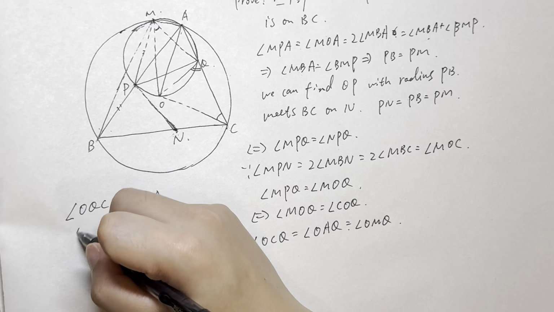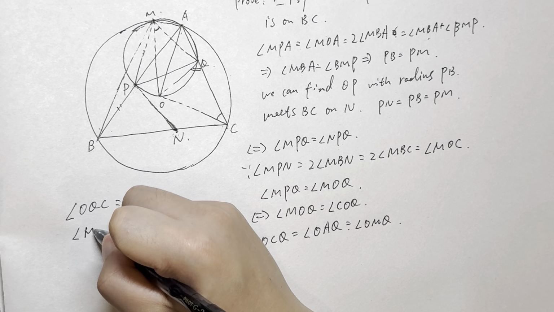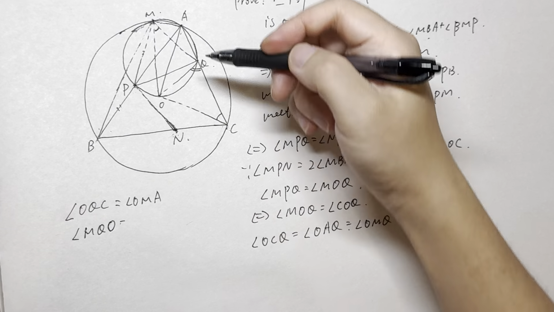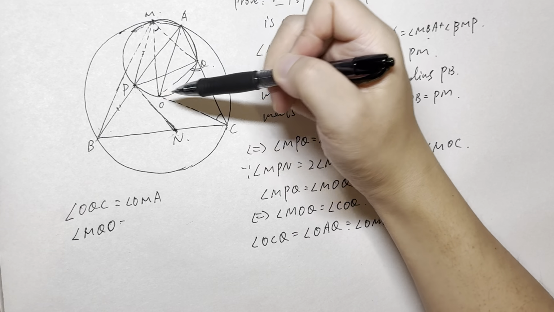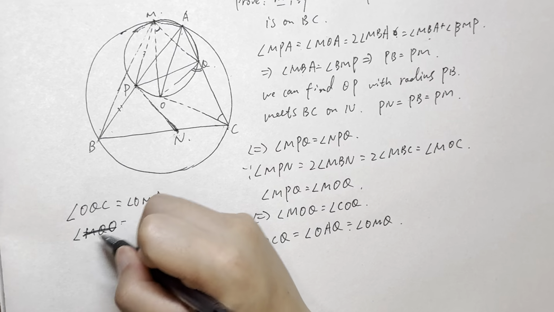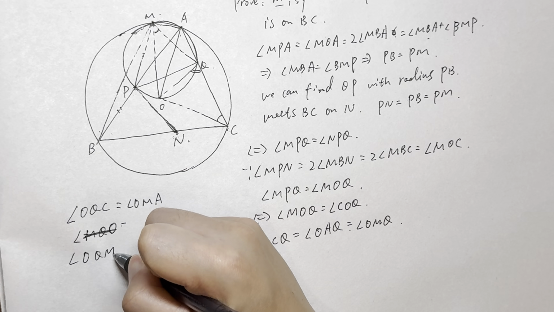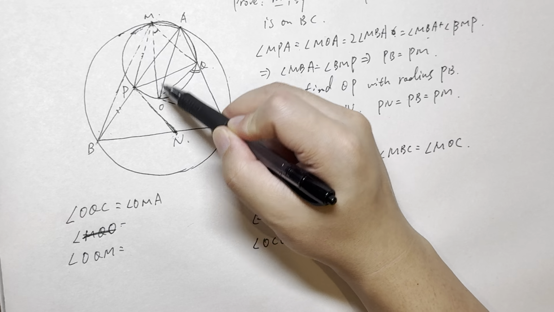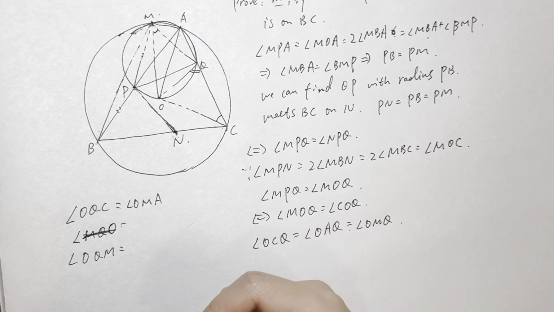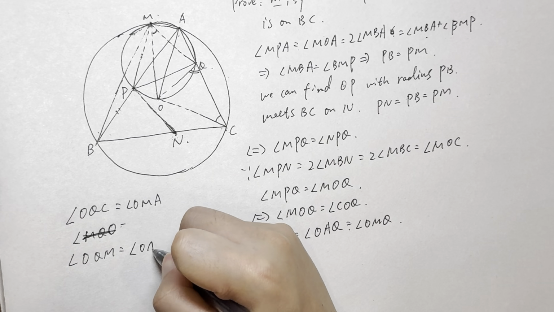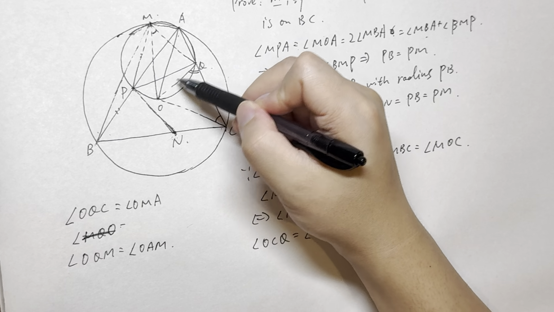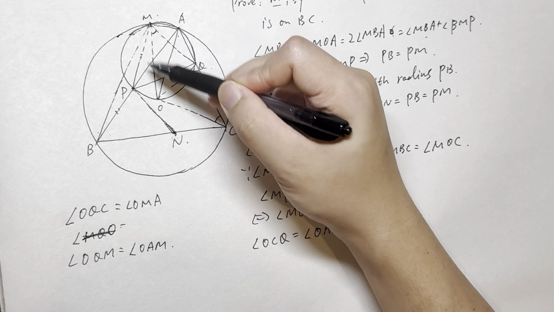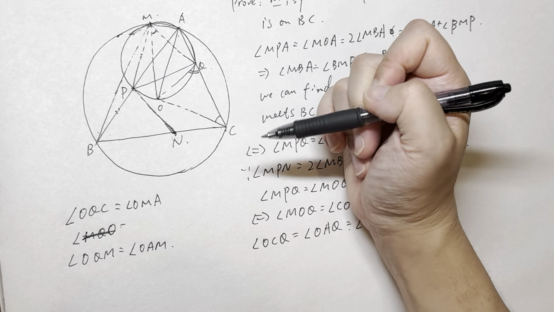And angle MQO, or OQM, right? That's right. Angle OQM equals to angle OAM because they all reference the chord MO.